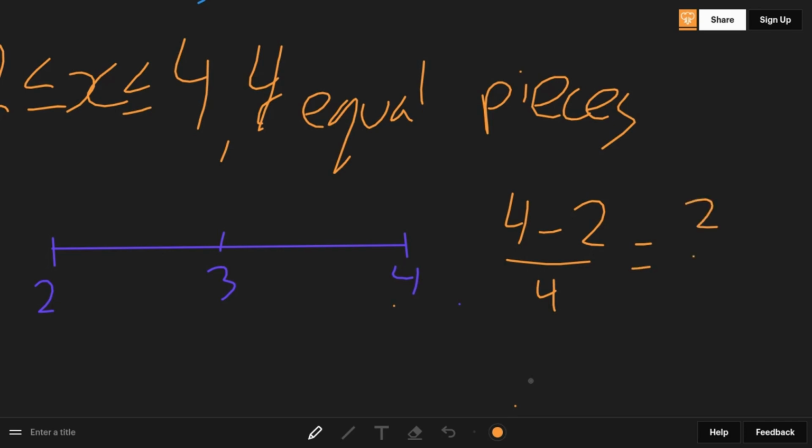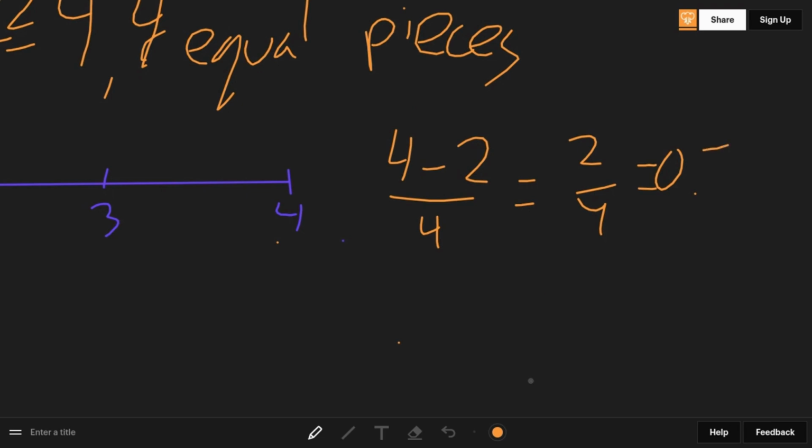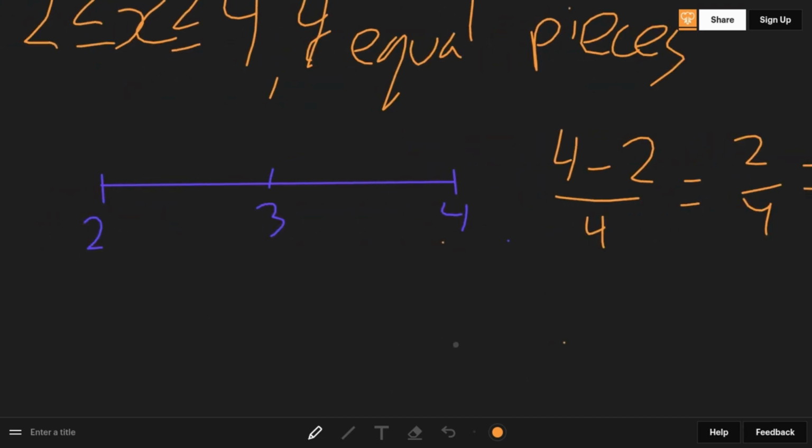That's 4, so 2 divided by 4, which is 0.5. So we're going to go by halves here. Over here we might have 2.5, and then over here it'll be 3.5. In subscript notation, this would be written as x of 0, x of 1, x of 2, x of 3 here, and x of 4.